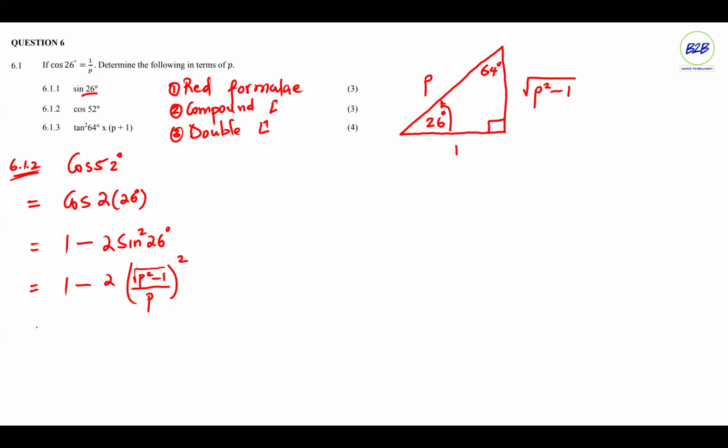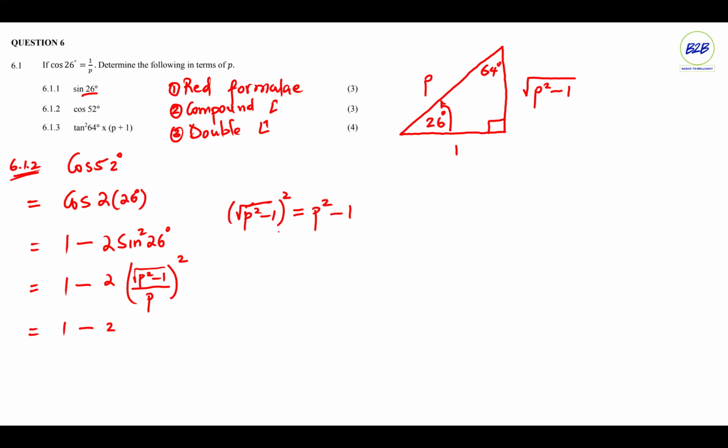And then we must remove the brackets. How do we remove the brackets? We say, okay, the square will square the numerator and also the denominator. Speaking specifically of the numerator, when we say the square root of p squared minus 1 all squared, that will give us p squared minus 1.